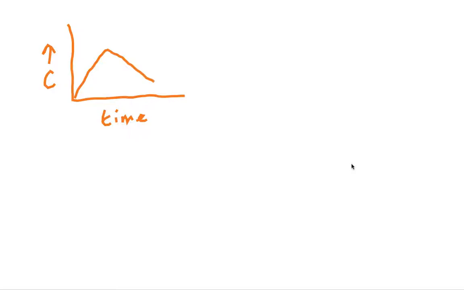The tip of that peak is Cmax, as I mentioned in my lecture that I posted earlier yesterday, and the time point corresponding to Cmax is Tmax, the time it took to reach Cmax.